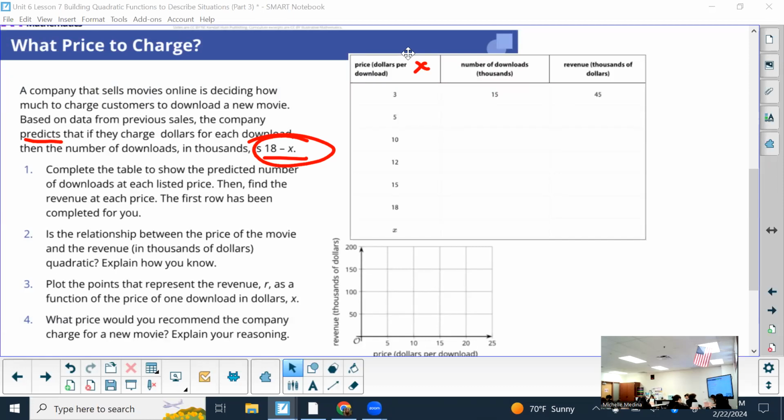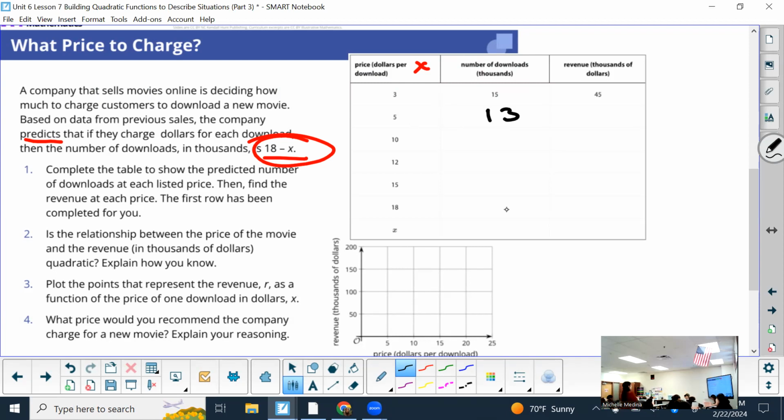Use that for this column. Table 5, when X is 5, what's my number of downloads? Yes, because it's 18 minus X, this column. If you compare the first example, then yes, it is 13. Table 6, what about when X is 10?